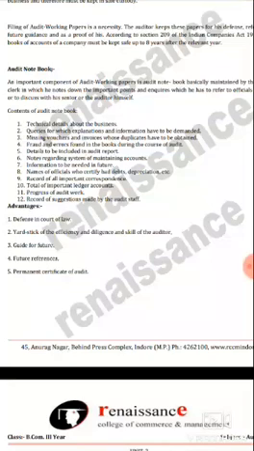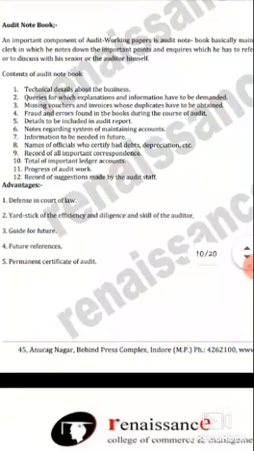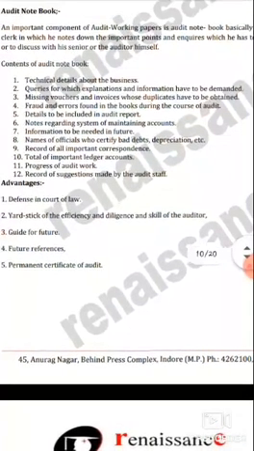And frauds and errors found in the books during the course of audit. If they find any frauds and errors, they will record them in the audit notebook, and they will investigate those things after the audit.